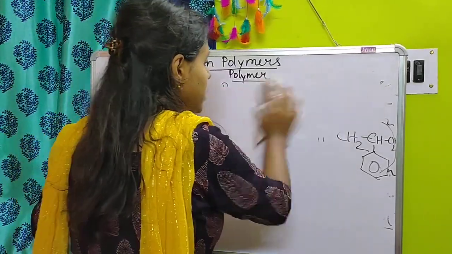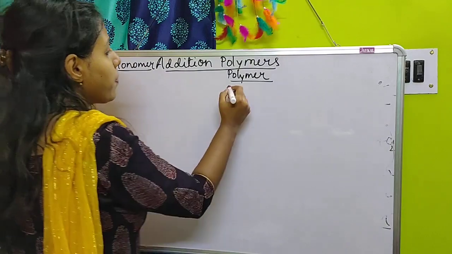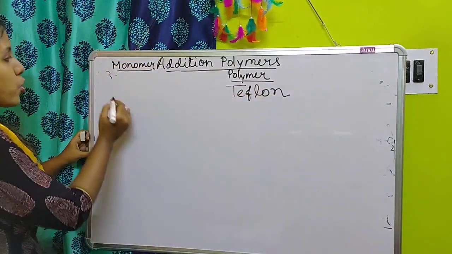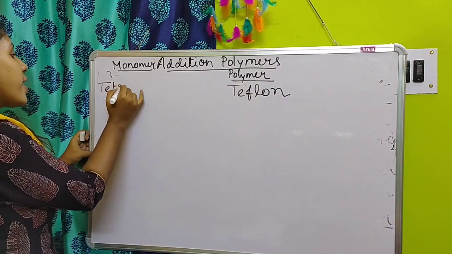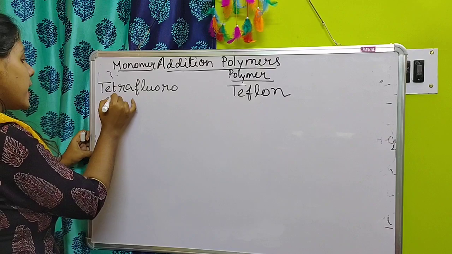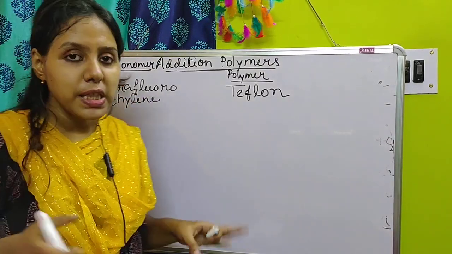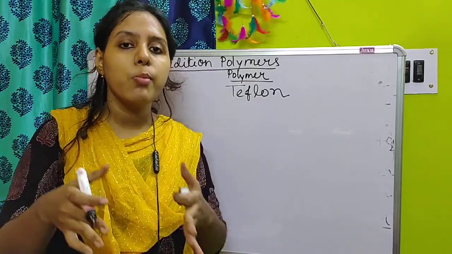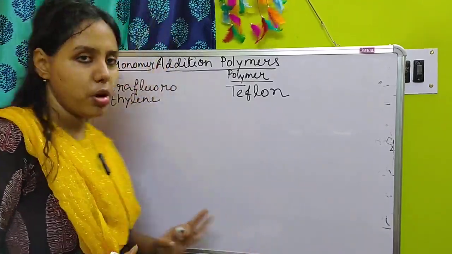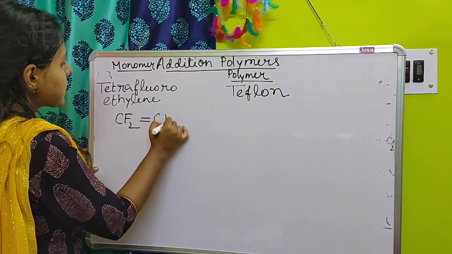Another example that is also very important is Teflon. The name of the polymer is Teflon, where the monomer is tetrafluoroethylene. The main structure is of ethylene, CH2 double bond CH2, but in place of hydrogens there will be fluorine. So the structure is CF2 double bond CF2.